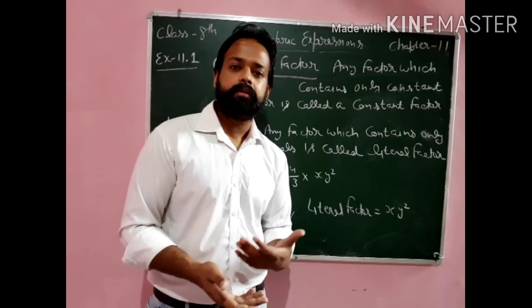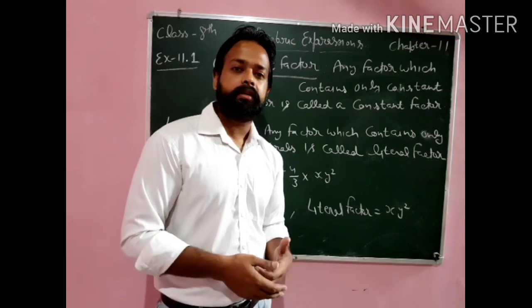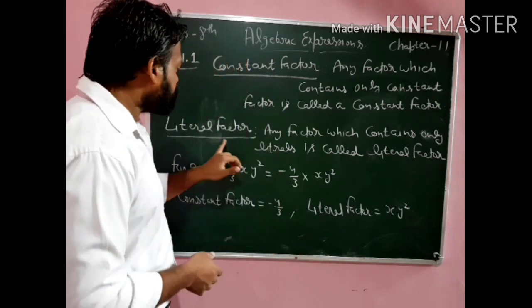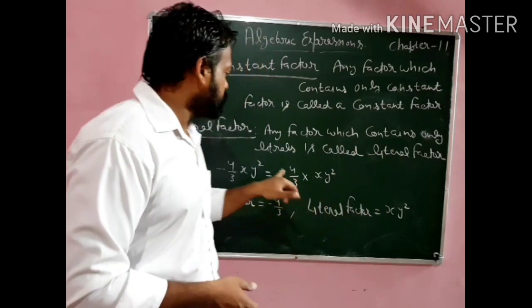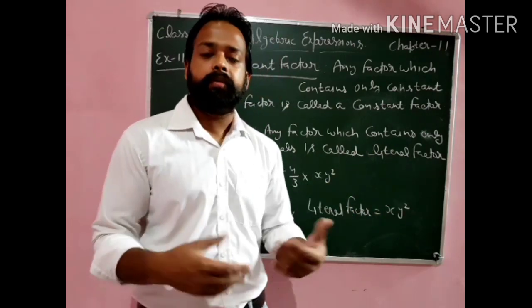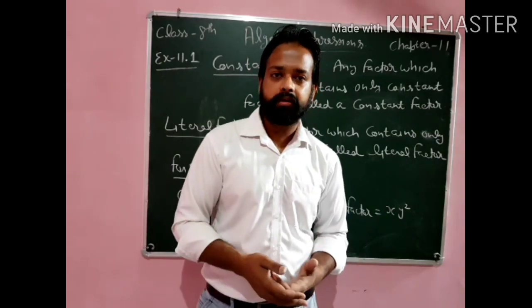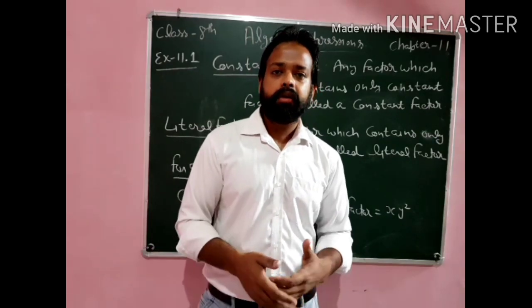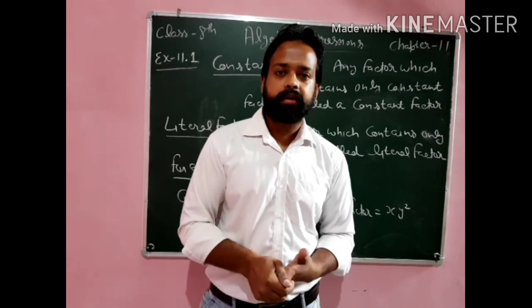Literal and variable are the same word; for the variable we use the word literal. So any factor which contains only literals is called a literal factor. It means those factors in which only variable terms are there are called literal factors.